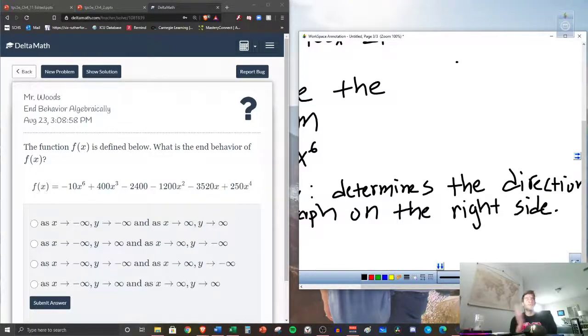So this is that idea of look to the right, and when we did it with graphs, you knew if it was going up or down.